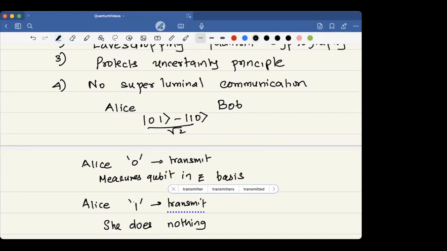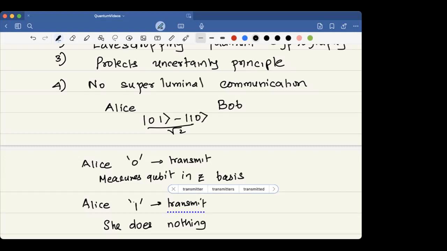And Bob, on the other hand, uses cloning to make several copies of the state that he has at his end, and then depending on the probability distribution of that state, he's able to distinguish whether Alice has transmitted a 0 or 1.